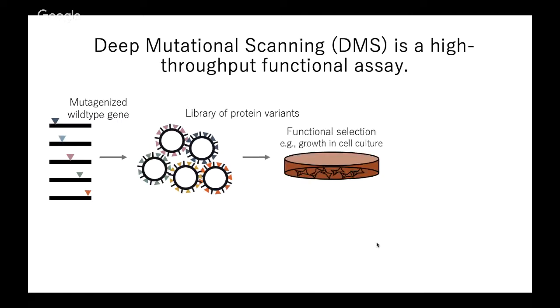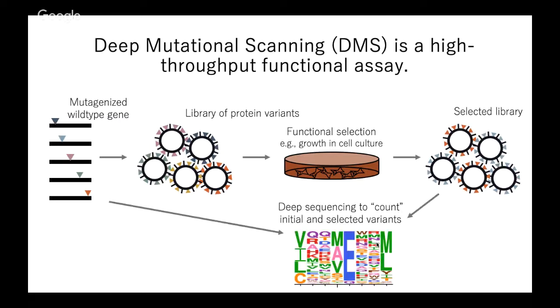You then impose some sort of functional selection, and then using deep sequencing, you can count the initial variants and the selected variants and infer what we call this map of amino acid preferences. So I'm showing this map as a logo plot where each column is a site in the protein, and the height of each letter is proportional to the preference for that amino acid at that site in the protein. And this is a broad overview of the experiment, but I want to zoom in on a couple stages in hopes of building a little bit more intuition.